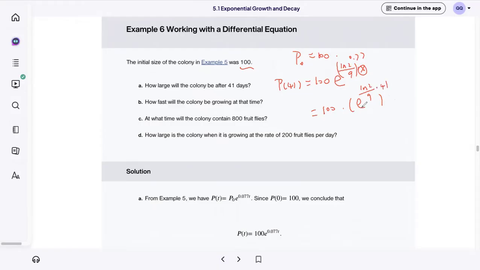So you make sure you do e raised to ln2 divided by 9, then multiply by 41. Then in the end, you multiply by 100.